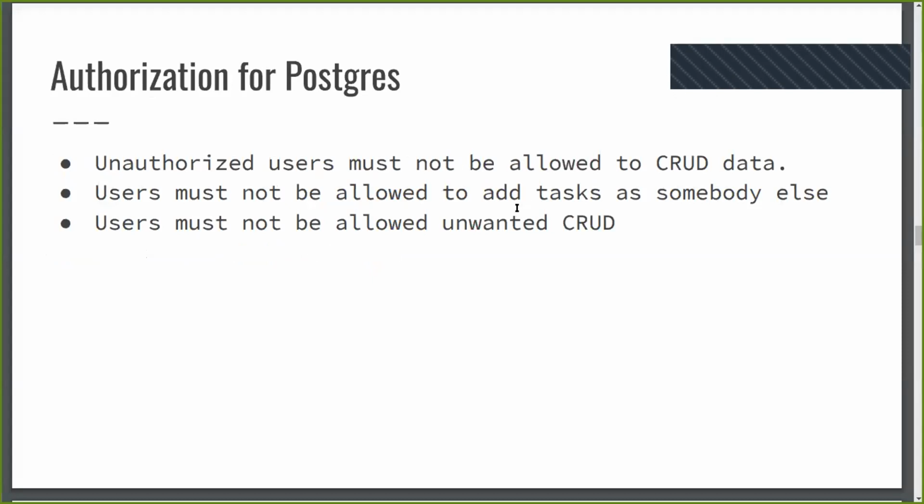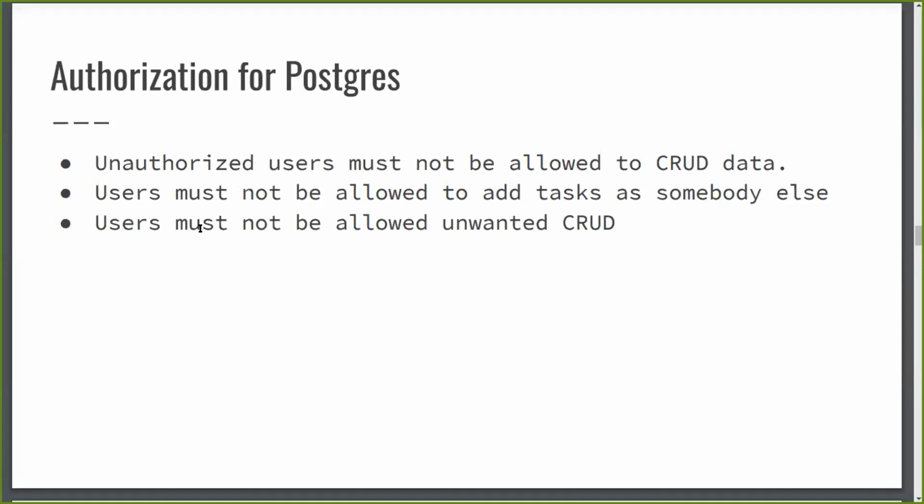Oh, sure. Okay. So yeah, we have to authorize Postgres as well. Some basic authorization that we'll think about for this app is, firstly, everybody should be authorized to CRUD data. Like unauthorized users should not be allowed to touch the database at all. Next, the user should not be allowed to forge their identity. That is, they should not be able to do things as somebody else.